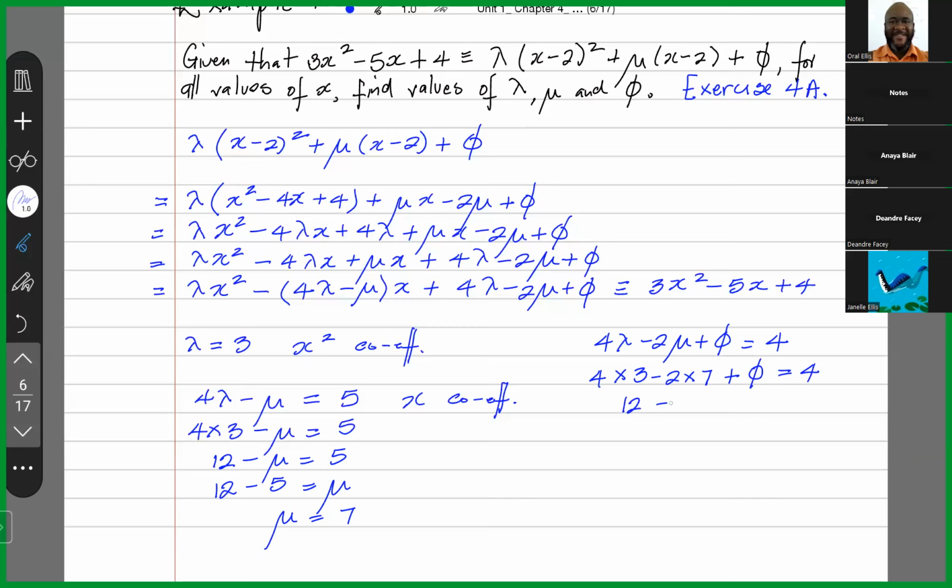This is 12 minus 14 plus phi is equal to 4. This is minus 2 plus phi is equal to 4. So phi would be equal to 4 plus 2. Minus 2 on the left goes over to the right and becomes positive. Phi is equal to 6. So mu is 7 and phi is 6. So lambda is 3, mu is 7, and phi is 6.